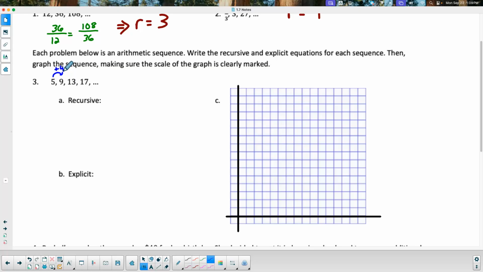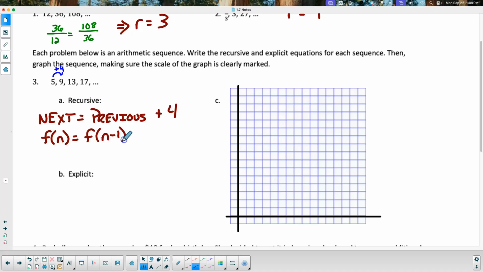So my recursive equation would be next equals previous plus 4, or f of n equals f of n minus 1 plus 4, if we wrote it in function notation.